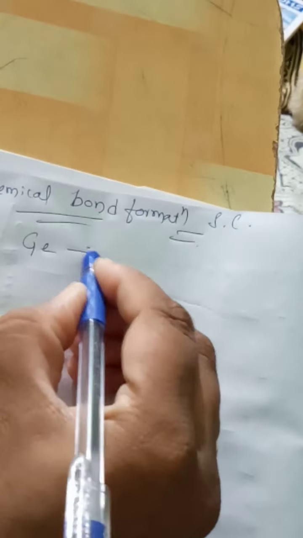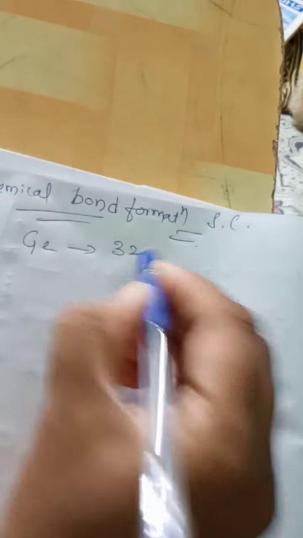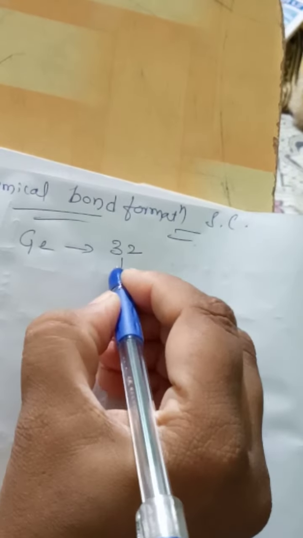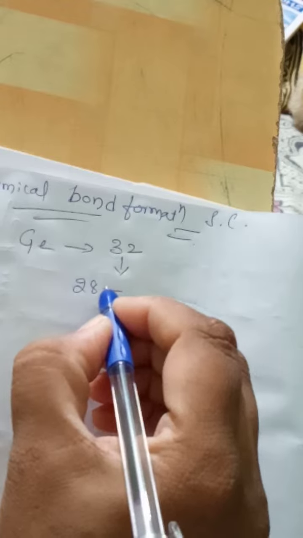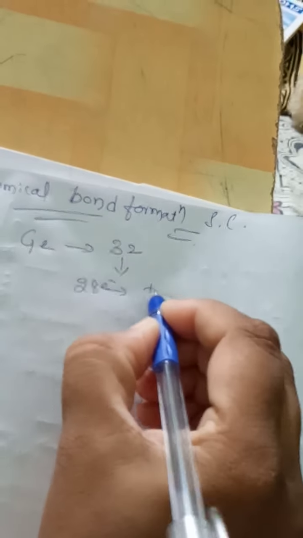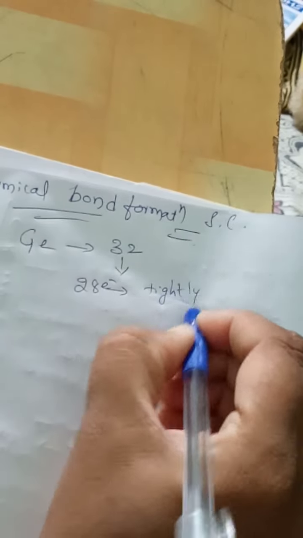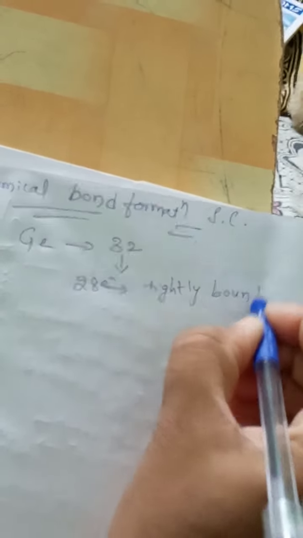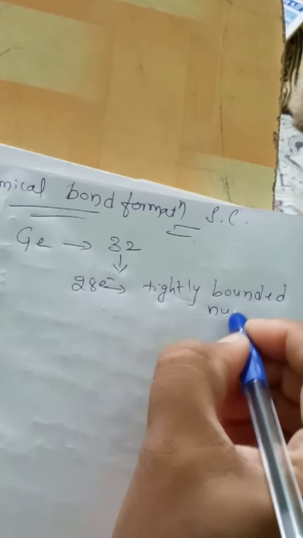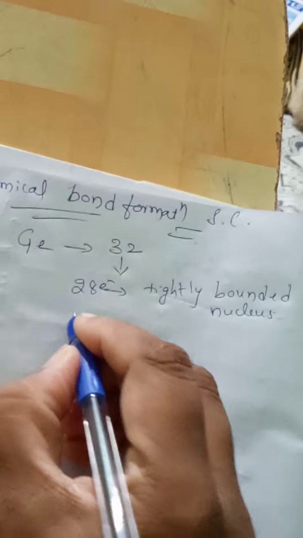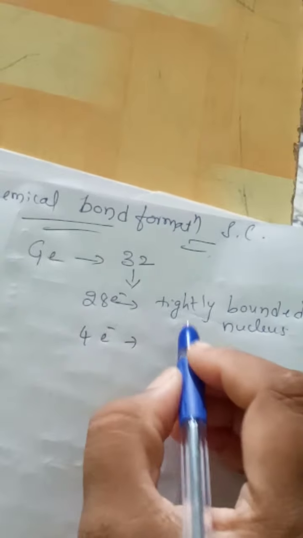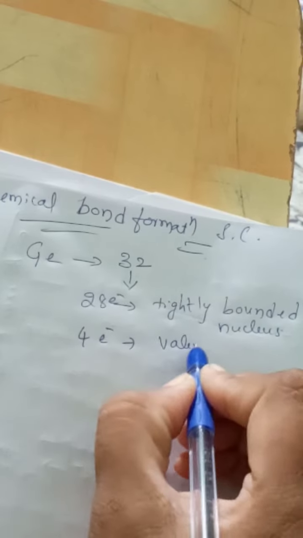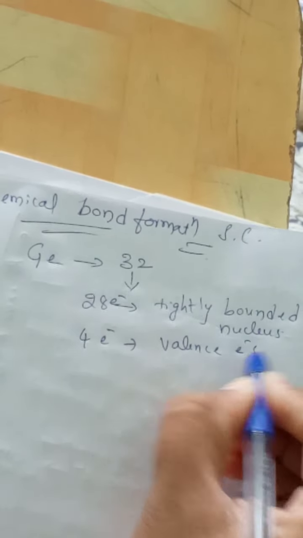The atomic number of germanium is 32. Of these 32 electrons, 28 electrons are tightly bound to the nucleus, and 4 electrons are present in the outermost orbit, which we call valency electrons.